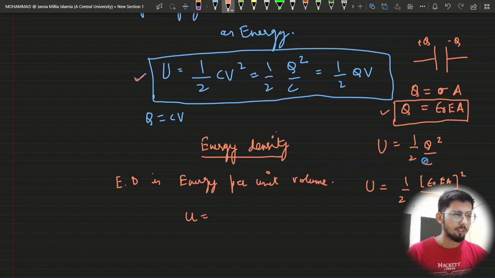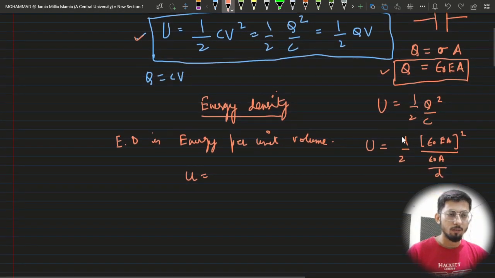It is a parallel plate capacitor, so the capacitance is epsilon naught A by d, where d is the distance between the plates and A is the area. So we have obtained this.